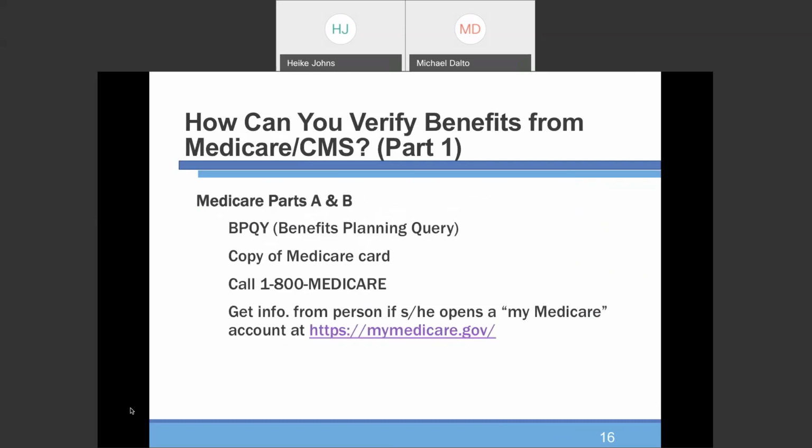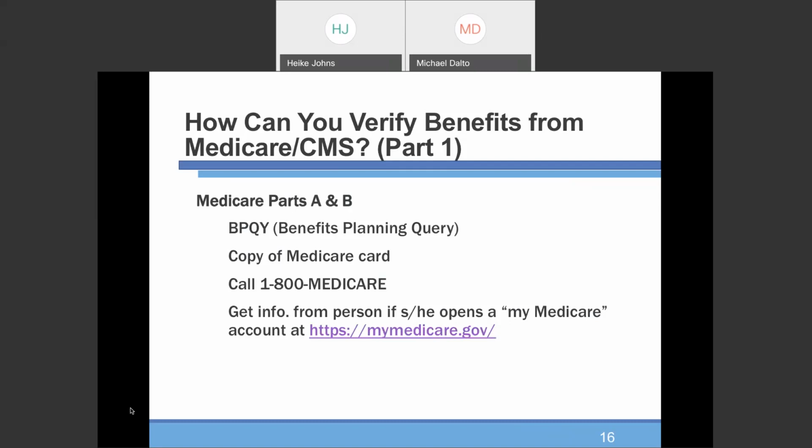So how can you verify benefits from Medicare? Well, Medicare Part A, hospital insurance, and Medicare Part B, which is medical, outpatient medical, and doctor services, can be verified with a BPQI, a benefits plan inquiry, or a copy of the Medicare card by calling the Medicare line at 1-800-MEDICARE.